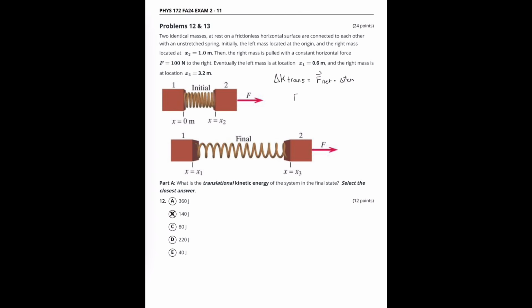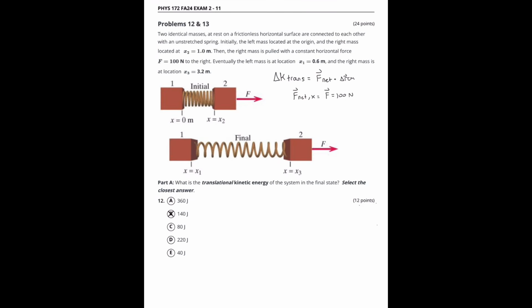We know that F net in the x direction is equal to the force, which is equal to 100 newtons. So now we need to find the change in position about the center of mass.